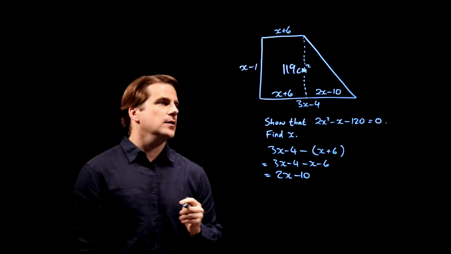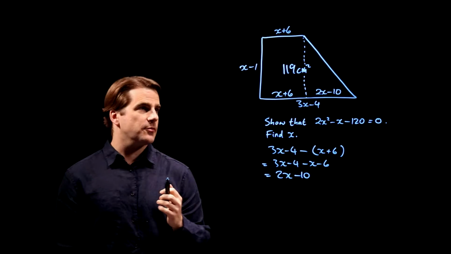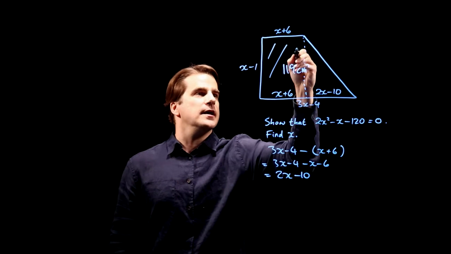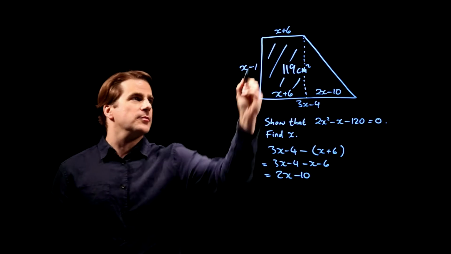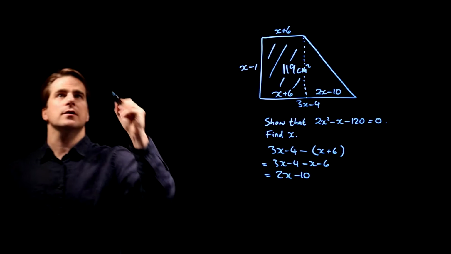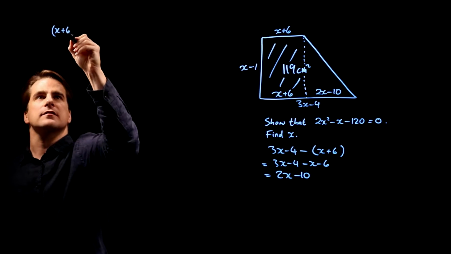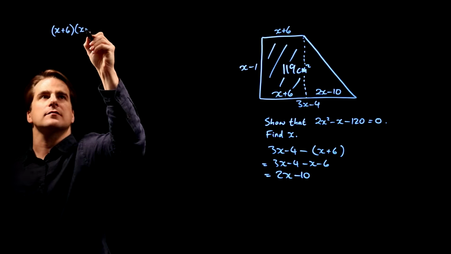Okay, well, now we can easily write down an expression for the area of the whole thing. So this bit here is going to be x plus 6 times x minus 1.